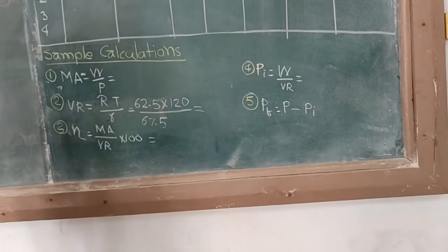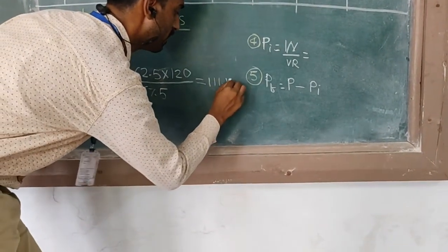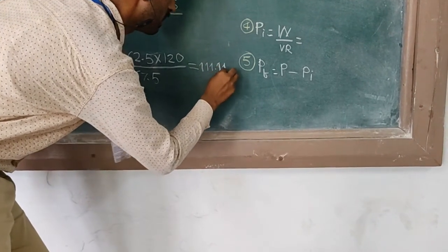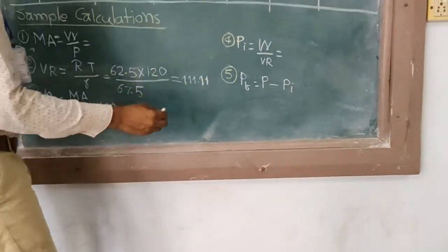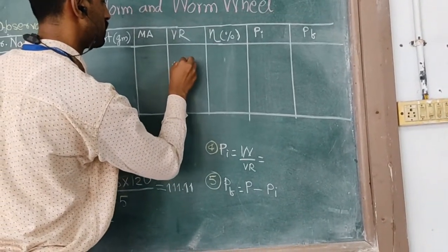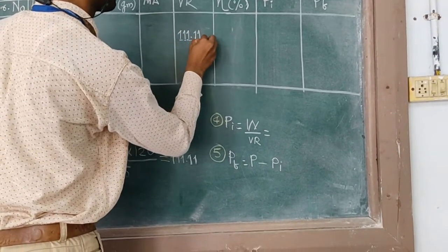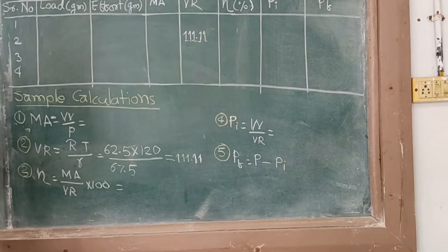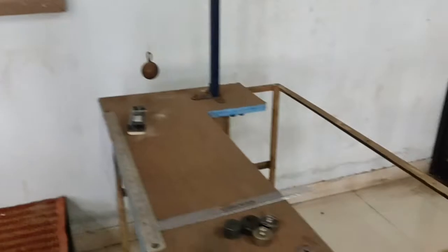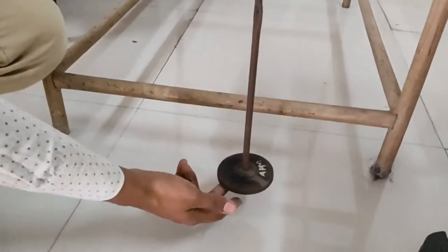By calculation we get the velocity ratio of this worm and worm wheel as 111.11. I am going to write down this value into the observation table in the column VR. This VR value does not change for all readings because the radius of the load drum, the radius of the effort wheel and also the number of teeth do not change for every reading.